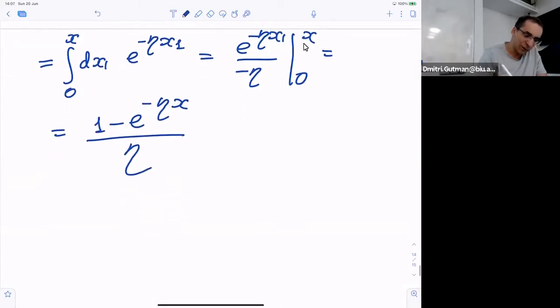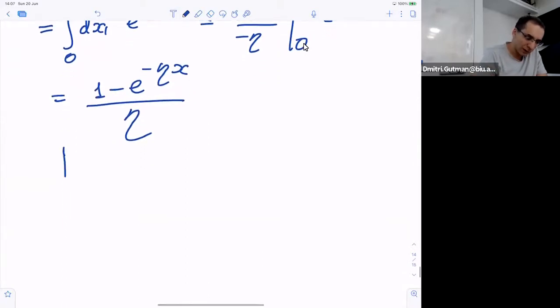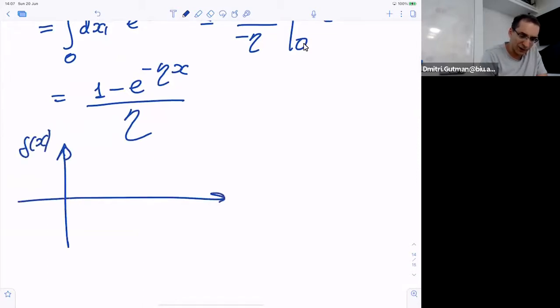So how does this f of x look as a function of x? Here at x equals 0, this function vanishes. At very large values of x, this function approaches the value of 1 over eta.